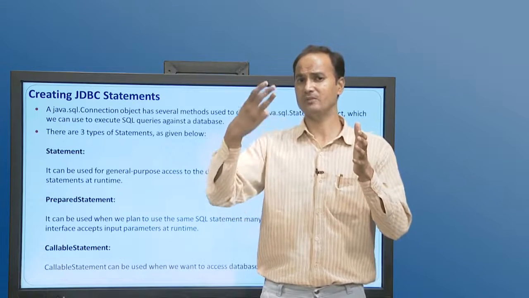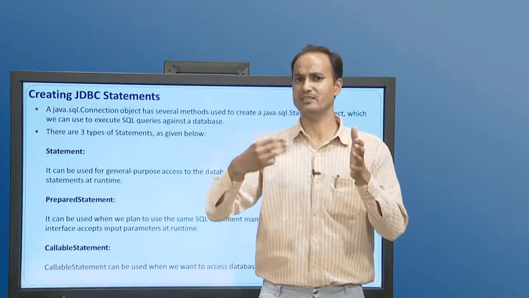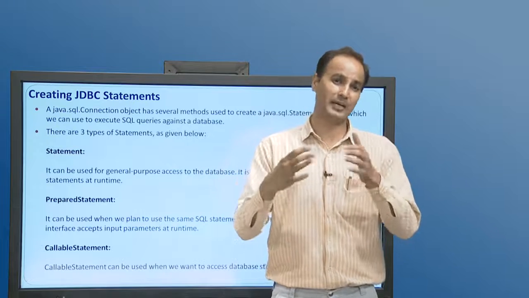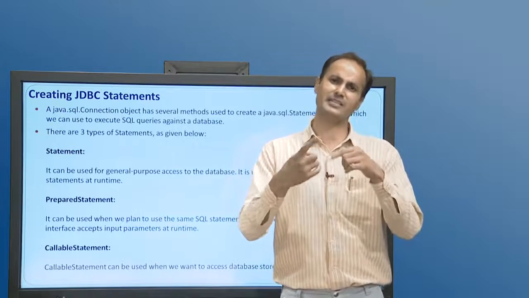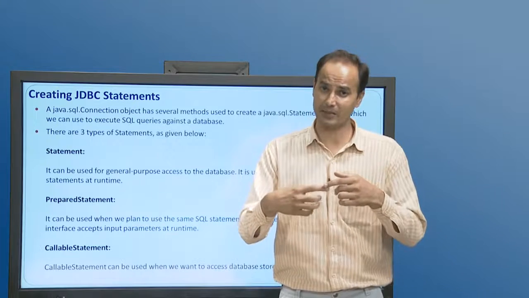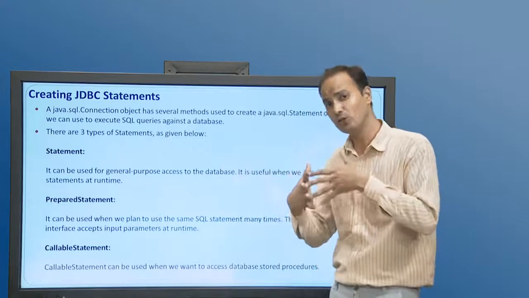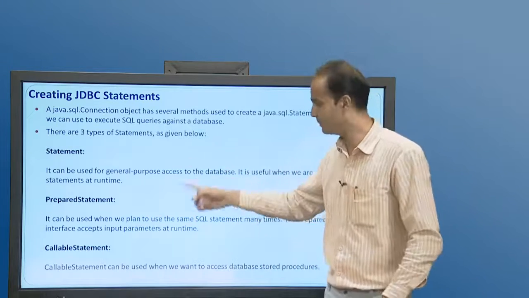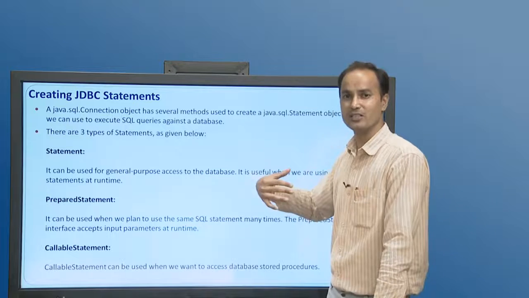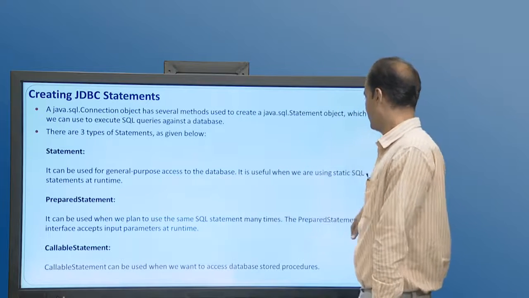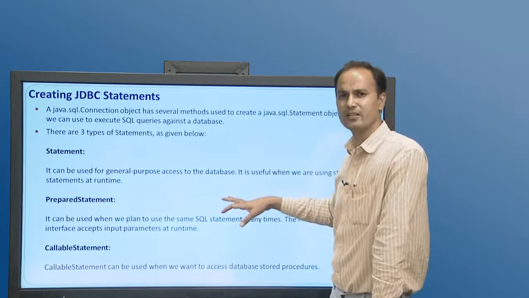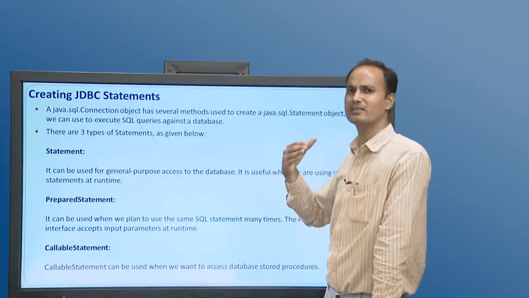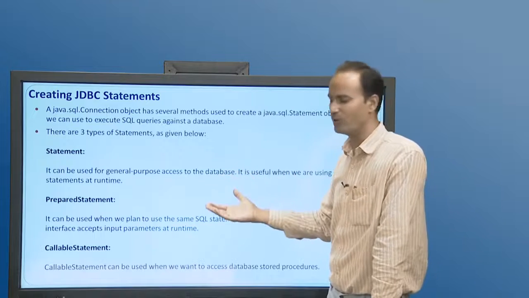So every time it will process all these steps. Instead, if we use a precompiled statement, a single statement which is already precompiled, and we use the same statement through the prepared statement to execute it, it will save us time, and it also performs better from a throughput and performance point of view.